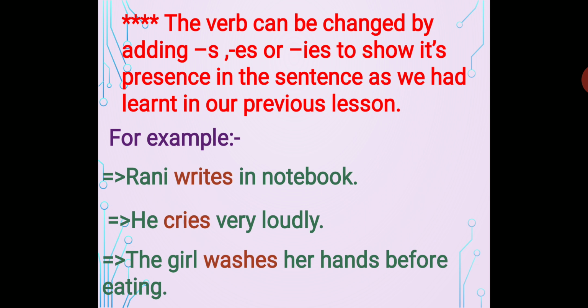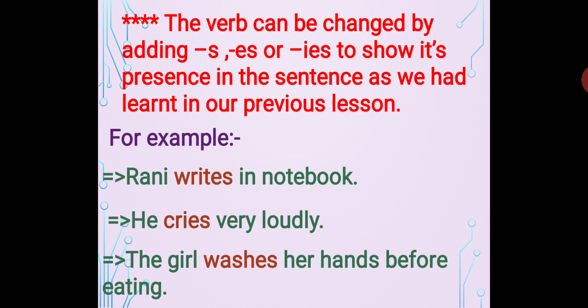Next is the girl washes her hands before eating. Here what is the root form of washes? Yes, wash. The girl represents a singular noun, so we add es to show the presence of does in the sentence. Means wash plus does is equal to washes.